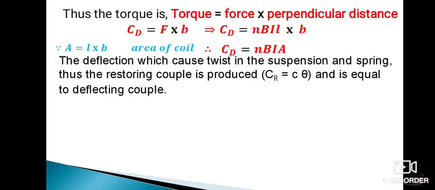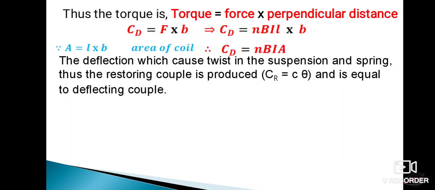Then the deflection causes the twist in the suspension and the spring, thus the restoring couple is produced. That restoring couple is denoted as CR, and CR is equal to C theta, and it must be equal to the deflecting couple.